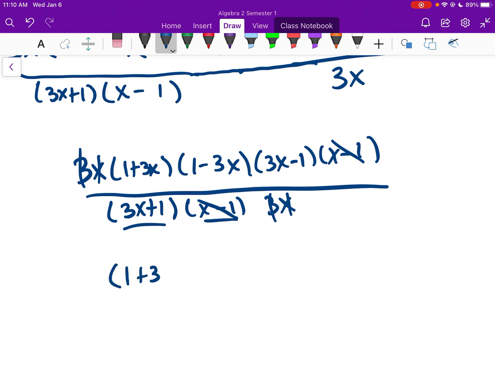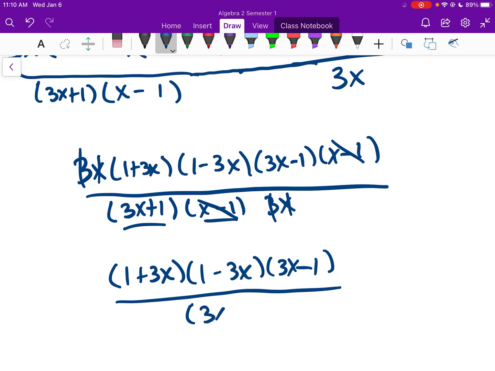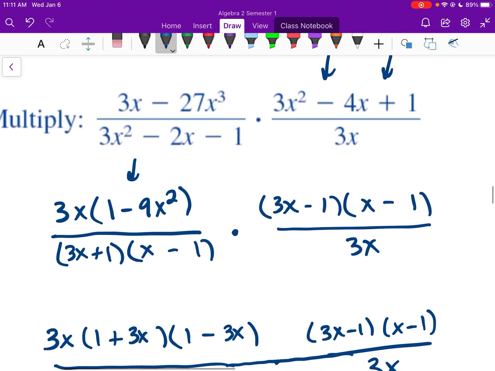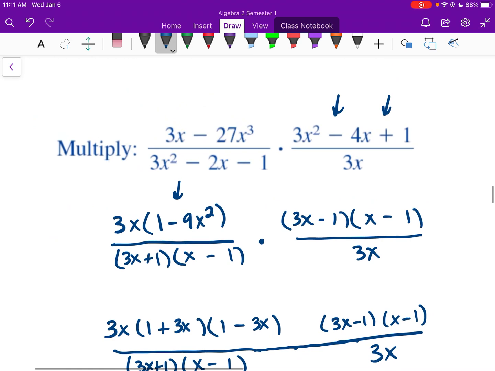So I got 1 plus 3x, 1 minus 3x, and that 3x minus 1 in the numerator, all over that 3x plus 1. So that is the simplified form when we multiply those two rational polynomials.